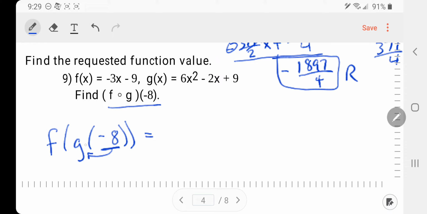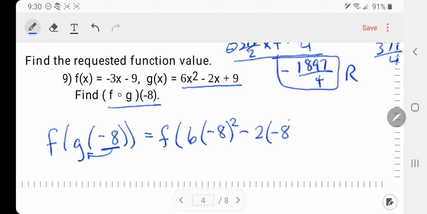So -8 is going to plug into g right here first. Plug in -8 for every x. That's going to give me 6 times -8 squared minus 2 times -8 plus 9.